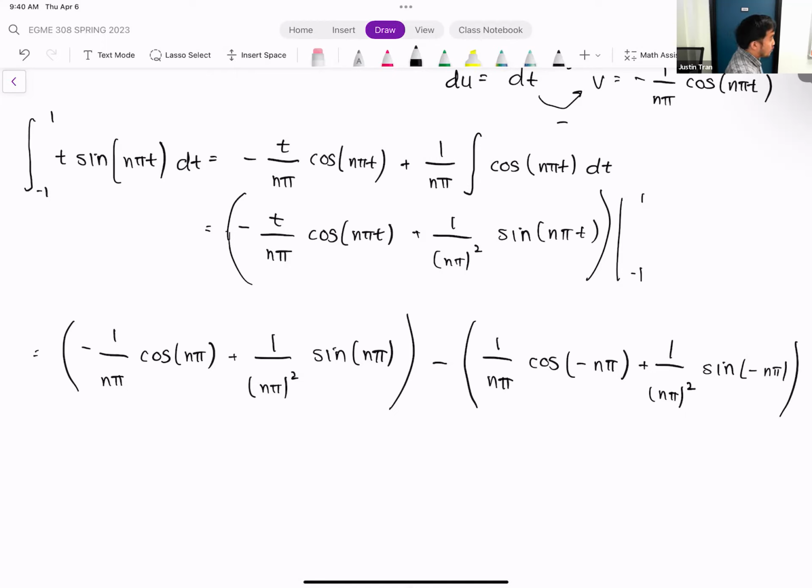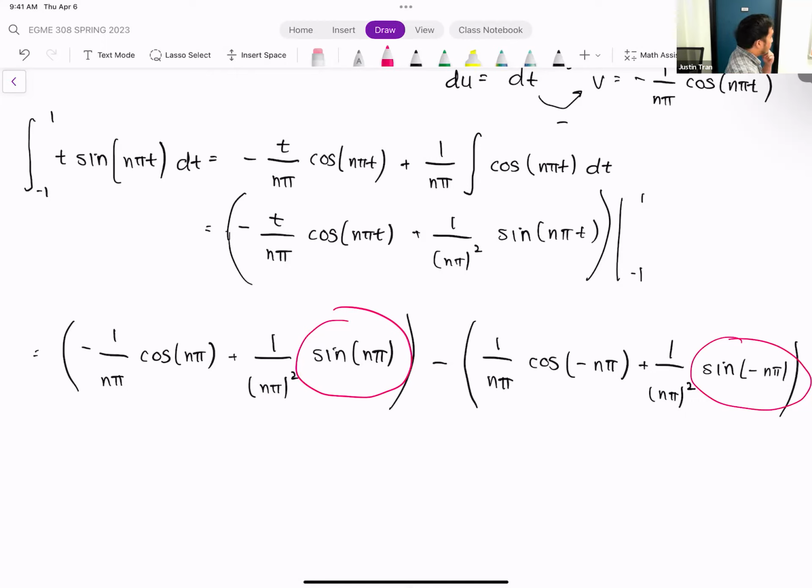Okay. So we can simplify this quite a bit. There are a lot of terms here that are going to cancel out, and a lot of terms that are going to combine together. Let's look at the sine terms first. We have sine of n pi and sine of minus n pi.